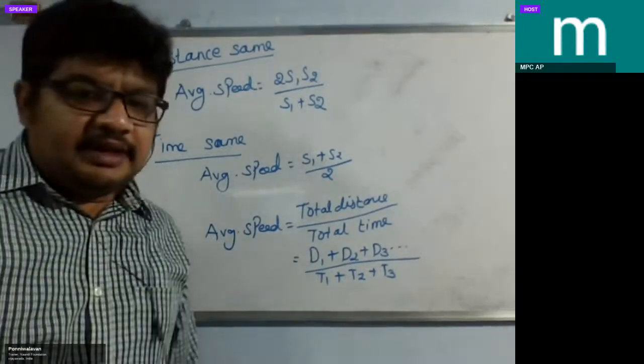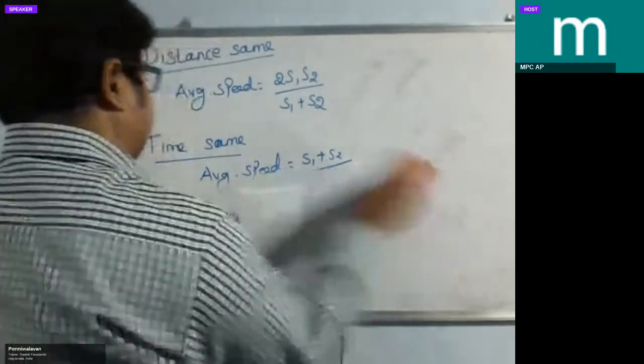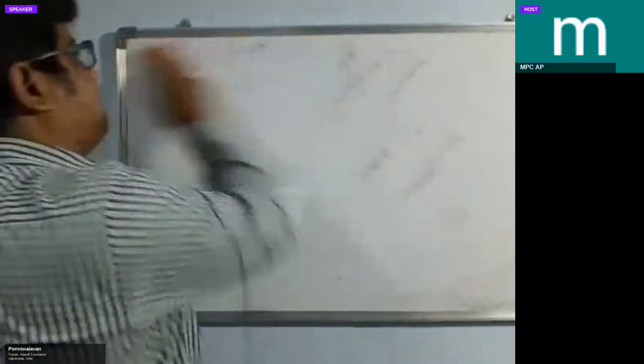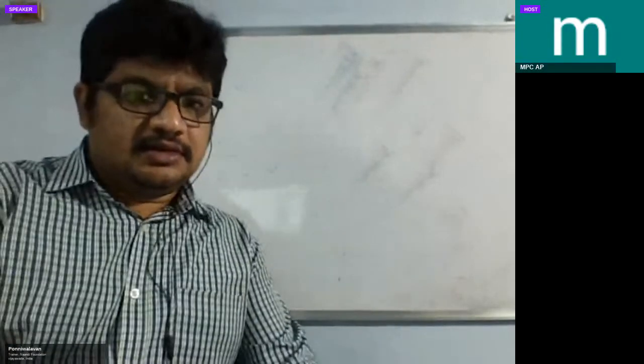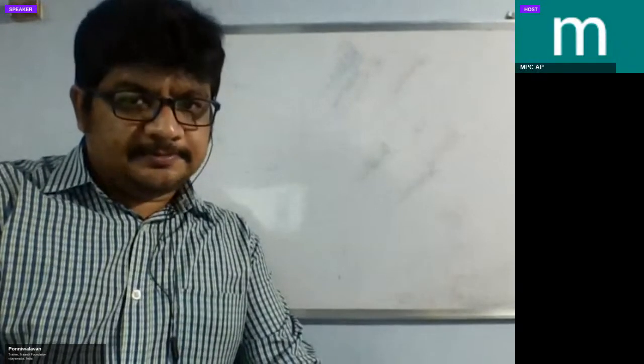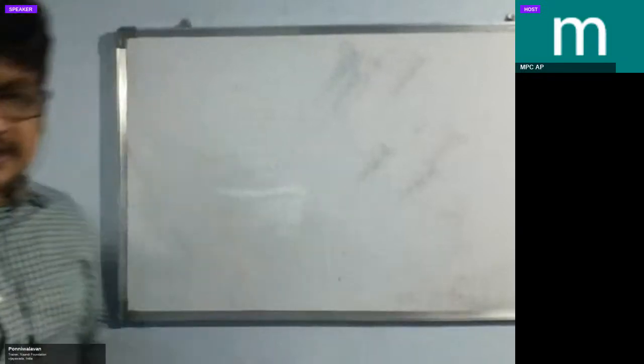Okay. In the given question, first a man walked. So wait, I'll copy the question. A person walks at 5 km per hour for 6 hours.